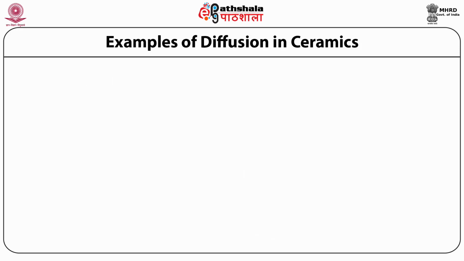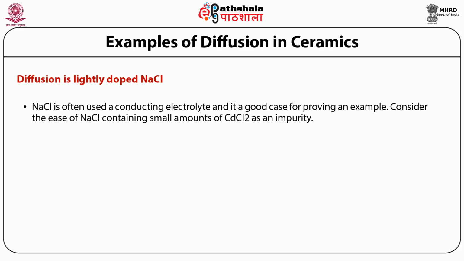Now let us take the example of diffusion in ceramics. The first example is diffusion in lightly doped NaCl. NaCl is often used as a conducting electrolyte and it is a good case for providing an example. Consider the case of NaCl with cadmium as an impurity element.